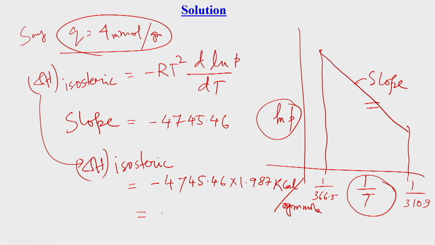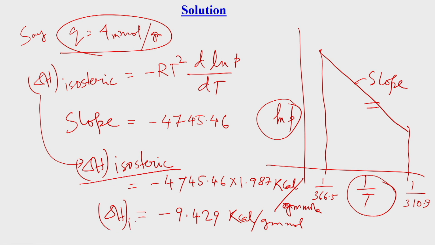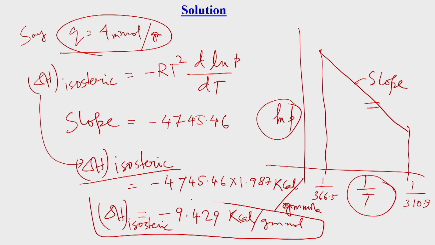That will be coming out as 9.429 kilocalorie per gram mole. So delta H isosteric is equal to minus 9.429 kilocalorie per gram mole.